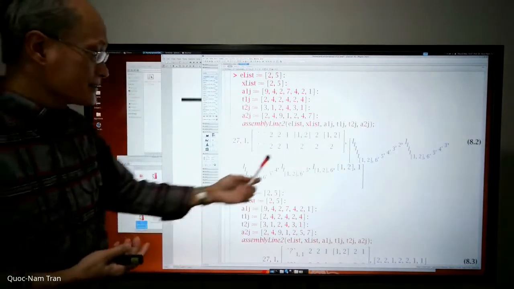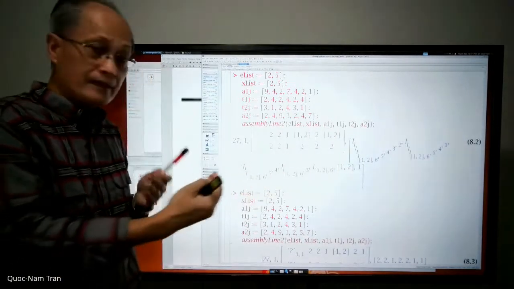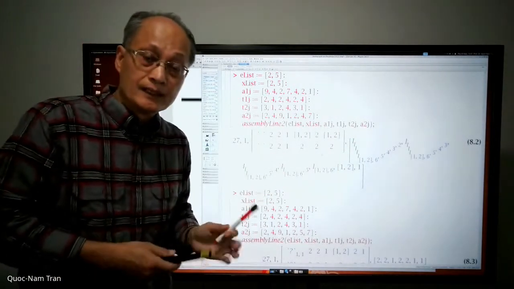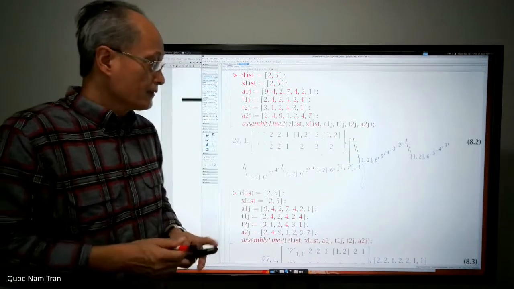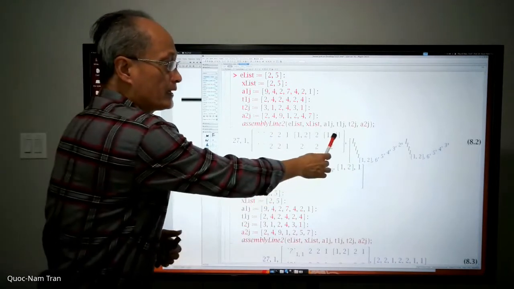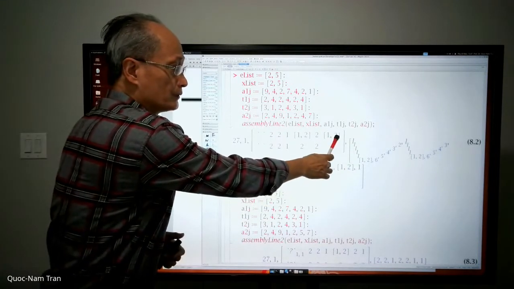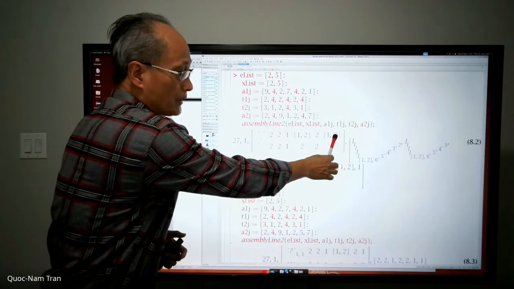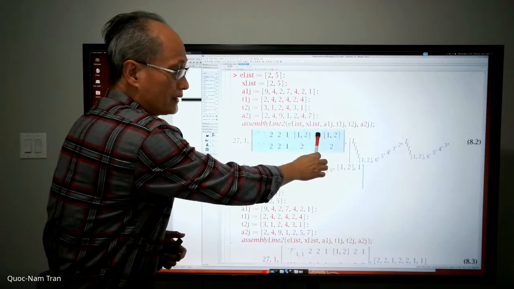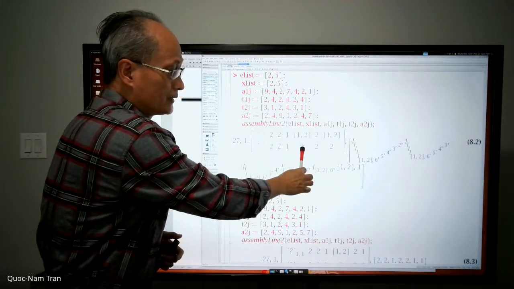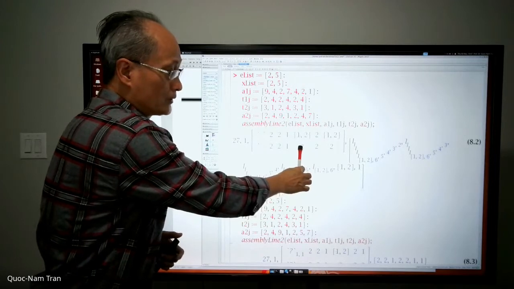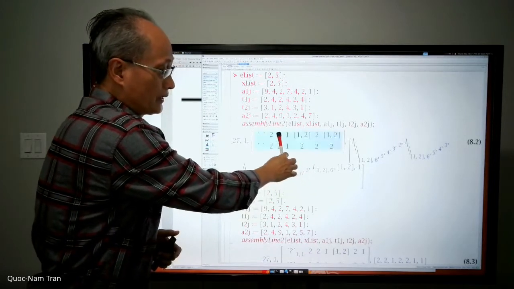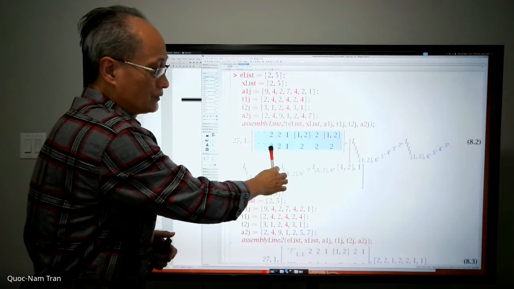Based upon the results we have from here, we can write down the results. Okay. For example, here we can have either 1 or 2, right? So if we go with 1, we go here, and then we go with 2, right? And then we go with 2, and now we go with 1, and then we go with 2.